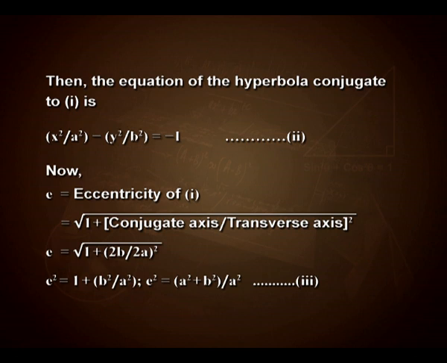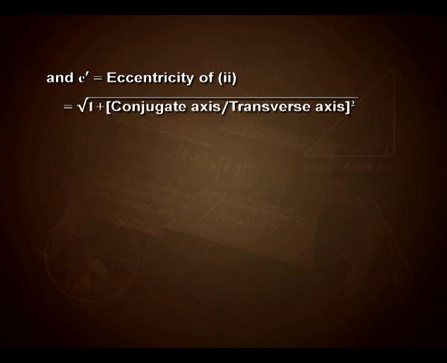Take this as equation number 3, and E dash is equal to eccentricity of second equation, that is equal to square root of 1 plus conjugate axis upon transverse axis whole square. Therefore, E dash is equal to square root of 1 plus 2a upon 2b whole square.